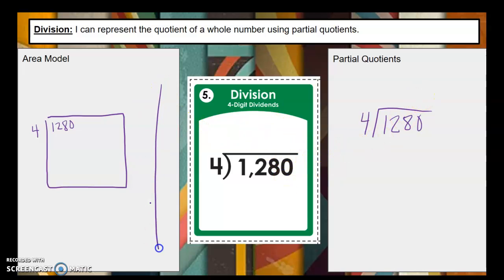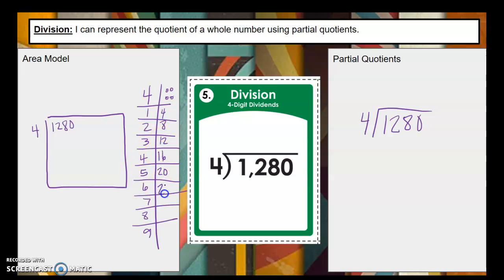Let's do it right here. 1, 2, 3, 4. And that's 4, 8, 12, 16, 20, 24, 28, 32, and 36.